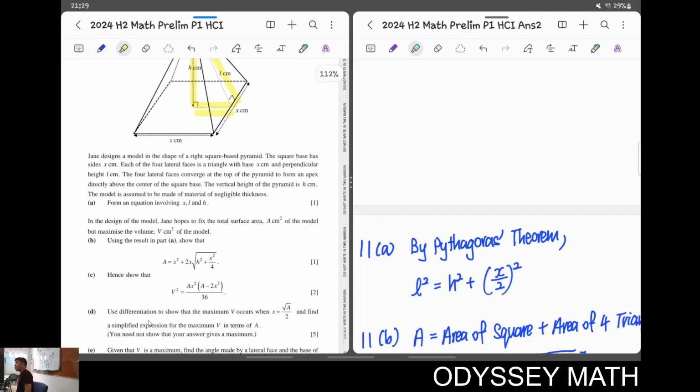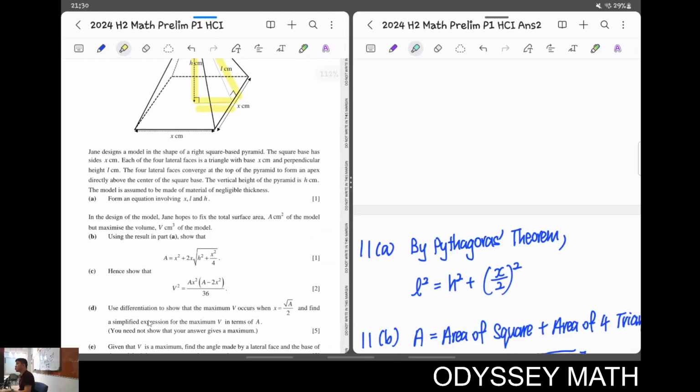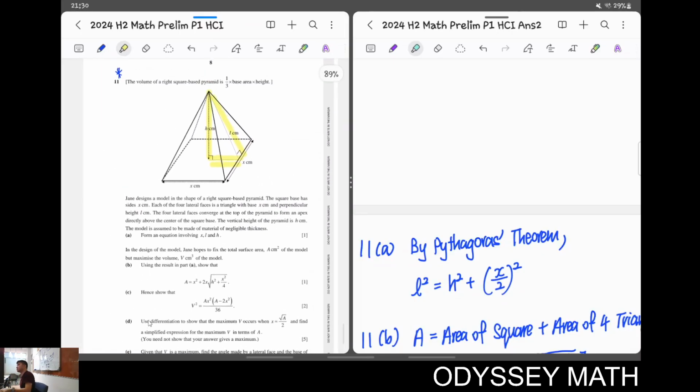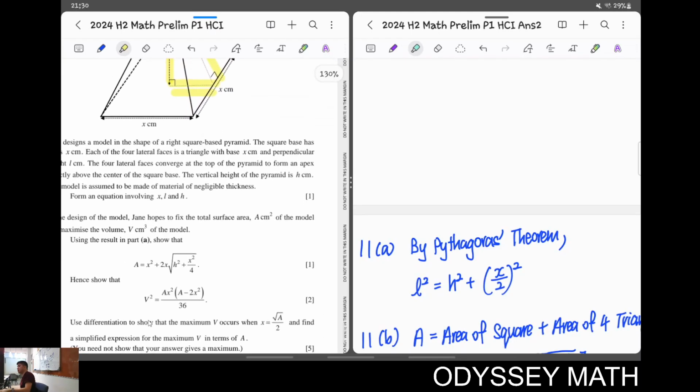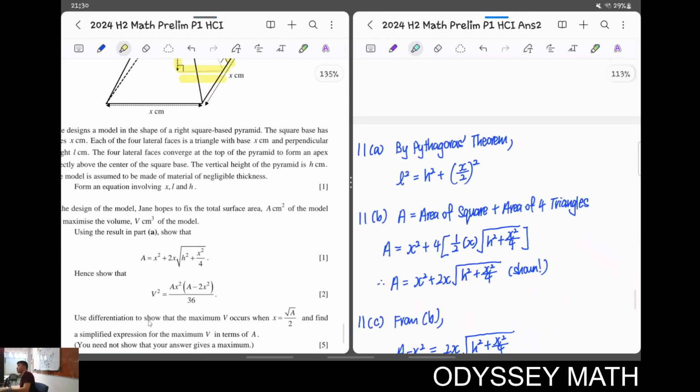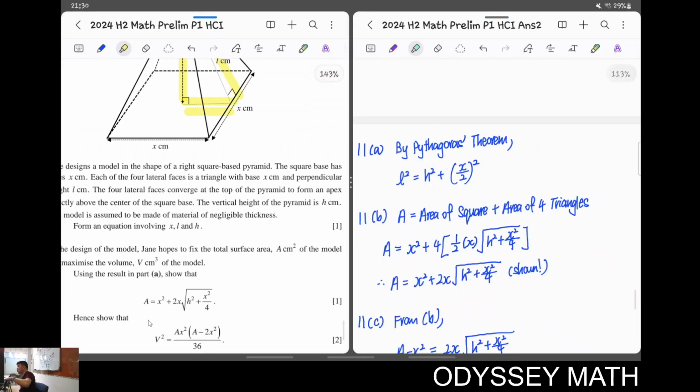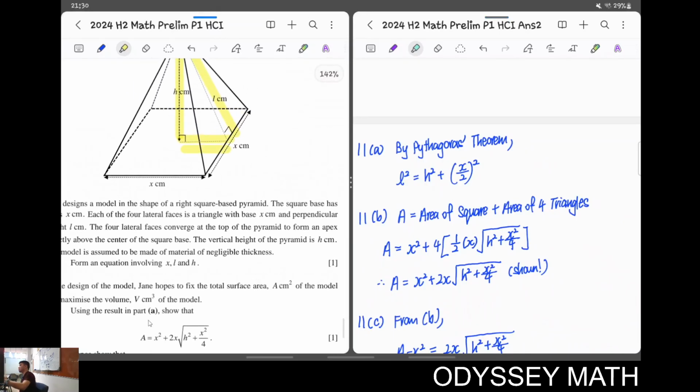In the design of the model, Jane hopes to fix the total surface area A cm squared of the model, but maximize the volume V cm cubed of the model. Okay, using the result in part A, show that the area of this right square pyramid has such a form. Very simple. The area A is the area of the square below plus the area of the 4 lateral triangles.